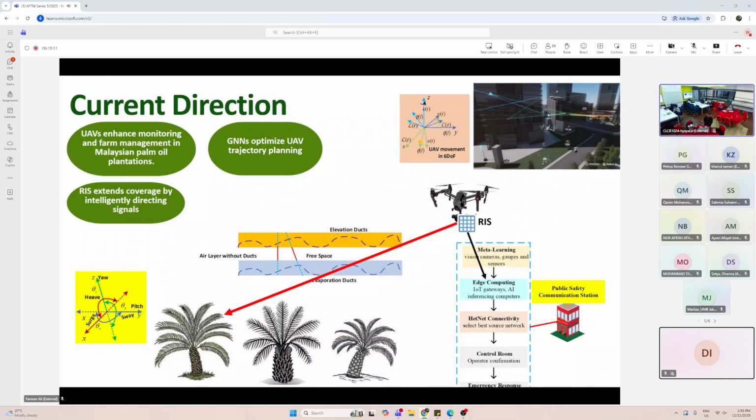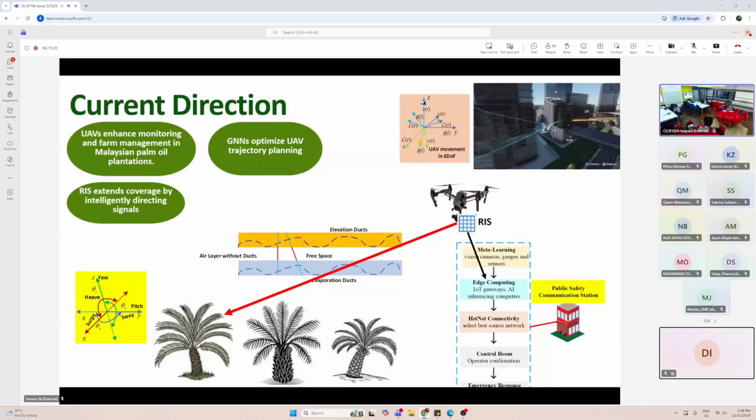Similarly, we have also planned to apply the reconfigurable intelligent surface methodology with the UAV for palm oil trees in Malaysia. In this idea, we will take some ducts: the water drop ducts, the elevation ducts, the free space ducts, and the operation ducts. These ducts have properties like constructive interference and destructive interference.